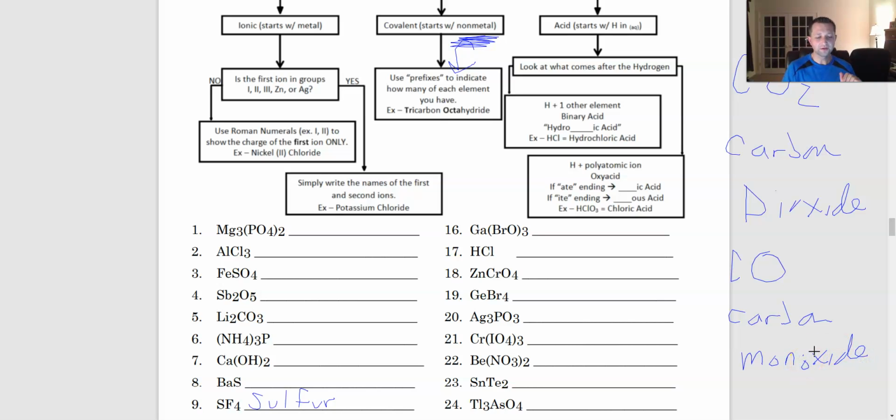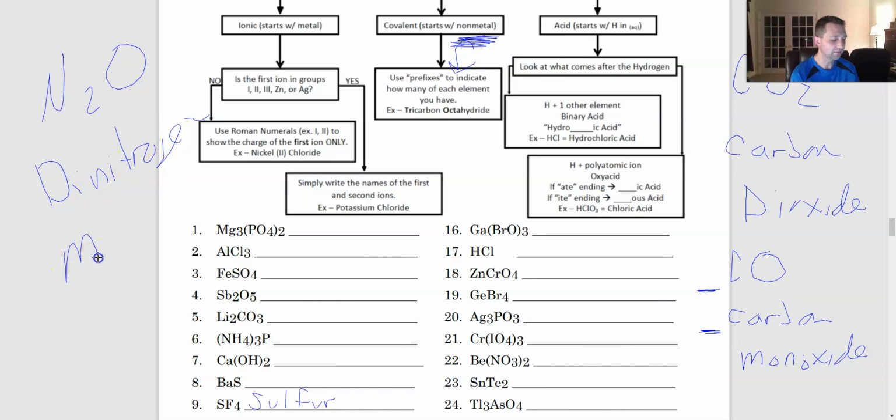So the first word will have a prefix if it needs it, but you won't have the mono there. It's not mono carbon monoxide. It's just carbon monoxide. If you had something like N2O, that would be dinitrogen monoxide.